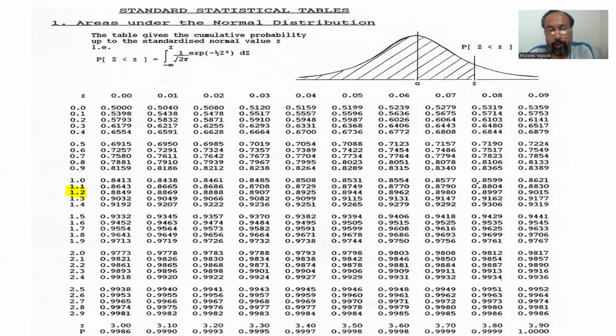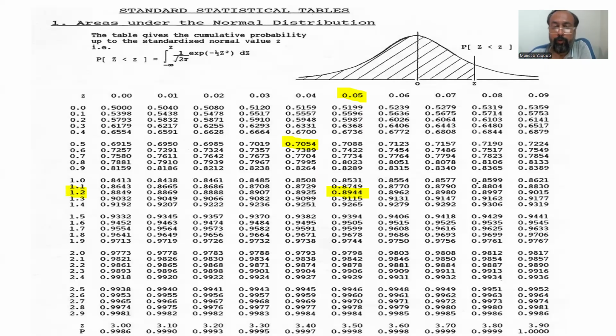So we will choose the row with 1.2 and then the column with 0.05. And the intersection of the row of 1.2 and the column of 0.05 is basically 0.8944. So you can see in this way, we can calculate the probability of 1.25 as 0.8944 from our normal distribution tables.